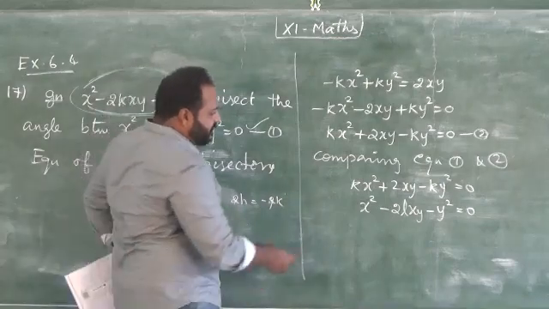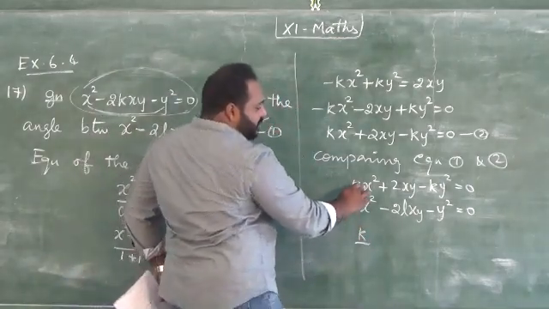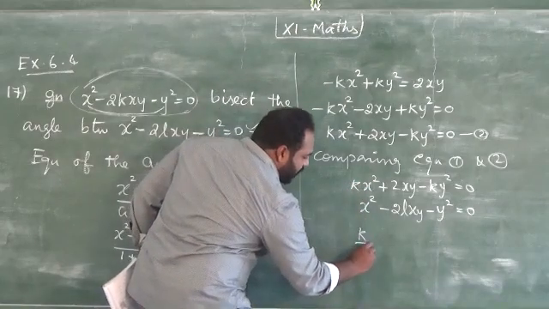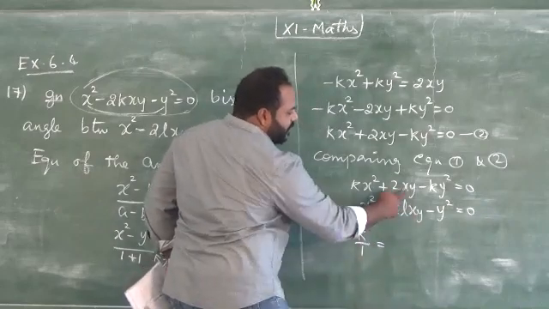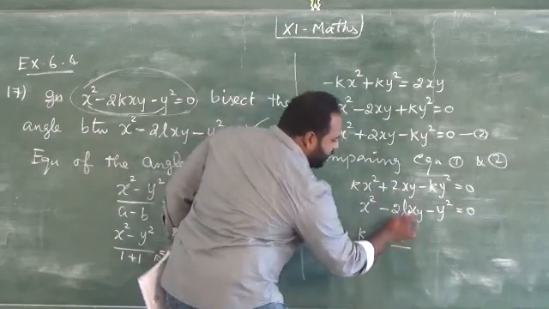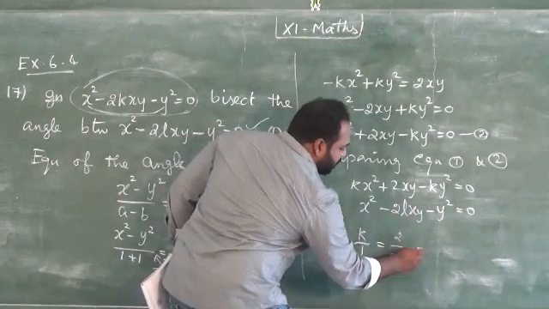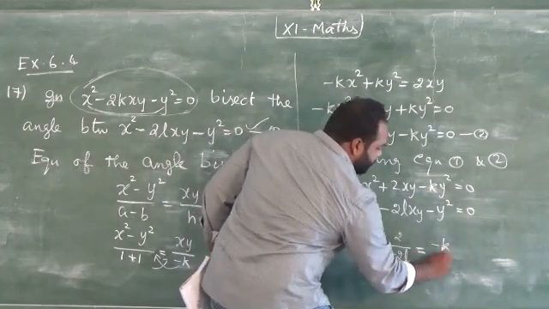If you compare these two equations, k by coefficient of x square, which is 1, equal to coefficient of xy, 2, divided by the coefficient of xy, minus 2l, equal to the coefficient of minus k, here minus 1.